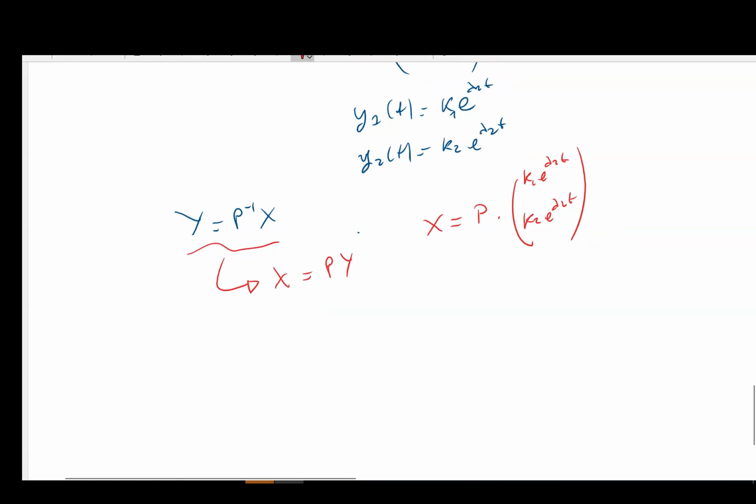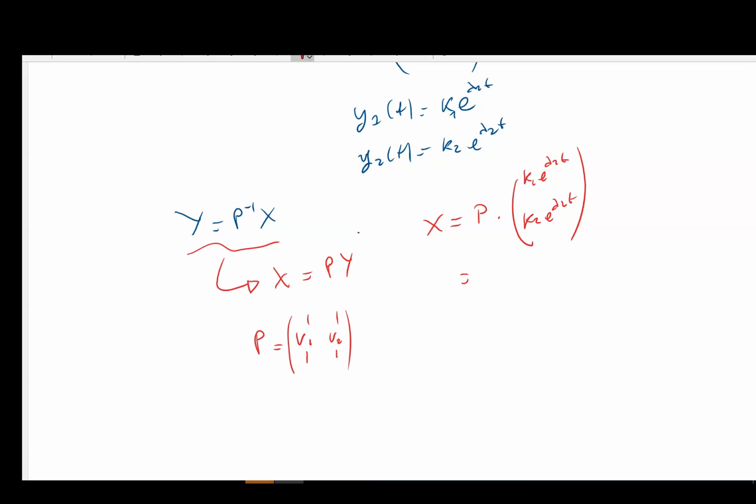The other good news is that we can even write it in a nicer way. We know that P is the matrix that contains the eigenvectors. My example is with two dimensions, so two eigenvectors, let's say this is V1 and this is V2 in my columns.